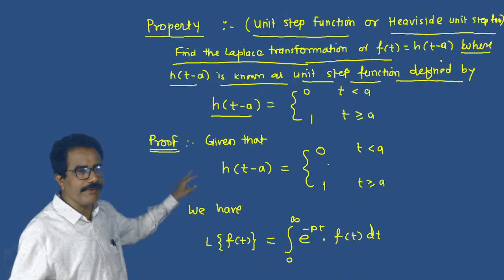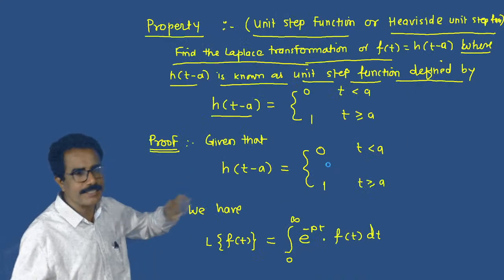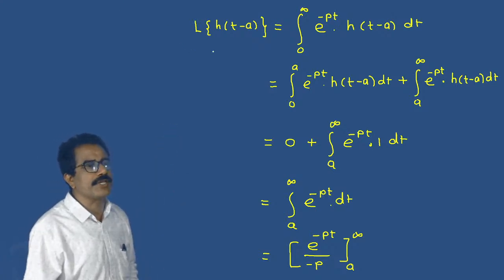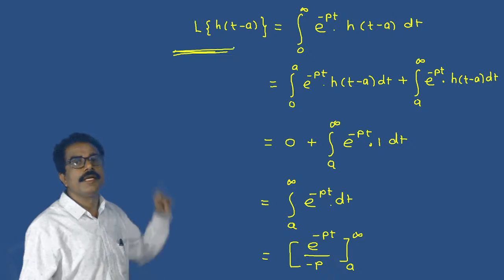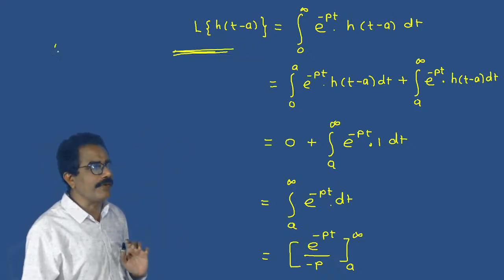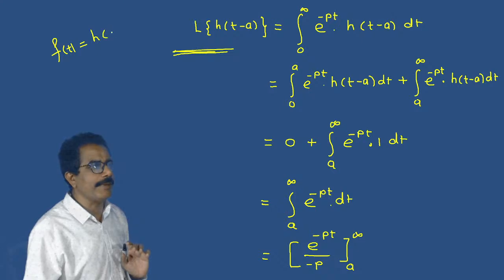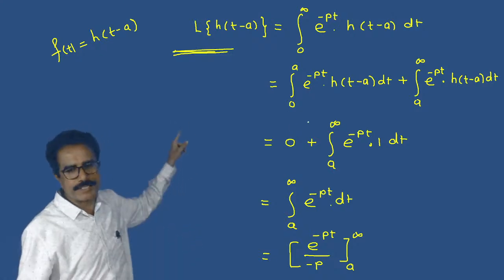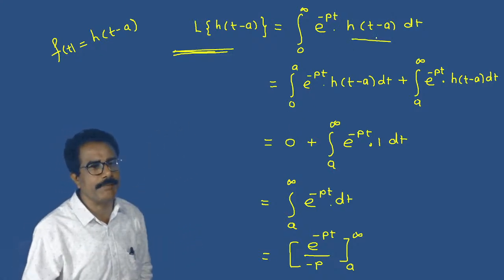Here f of t means h into t minus a, so in place of f of t, we put h into t minus a, the unit step function, in the definition of the Laplace transformation.